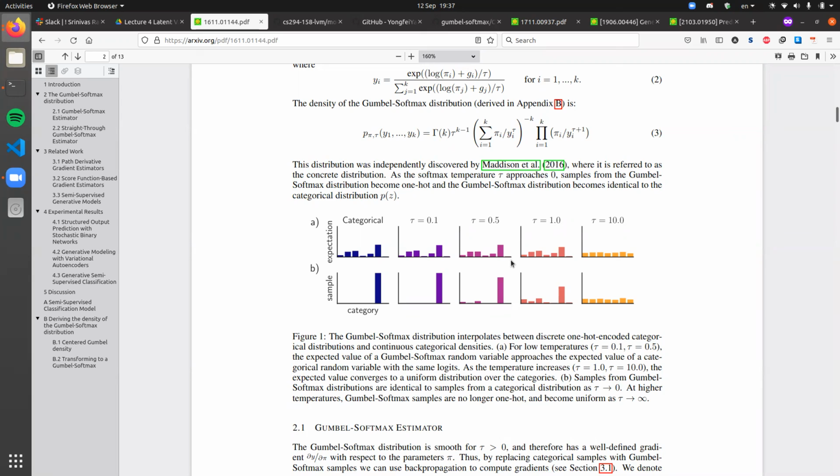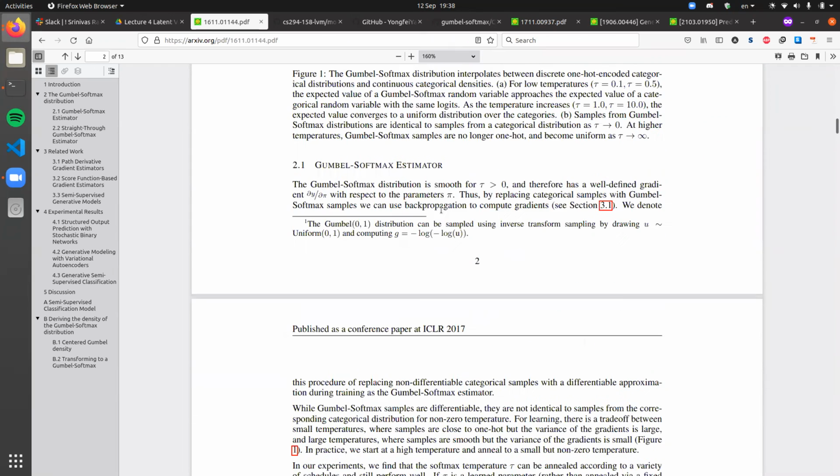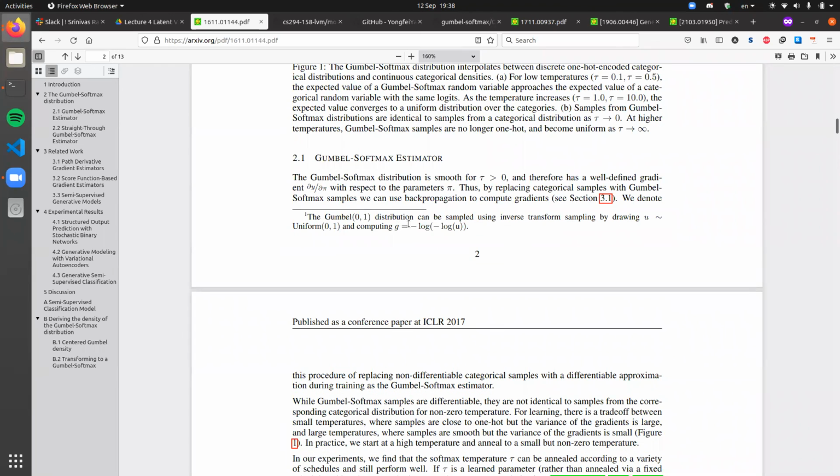And that can be used to backpropagate through sampling from a categorical distribution, and therefore we can learn the parameterization pi for a categorical distribution, which we then can use in a variational autoencoder. And this Gumbel noise is just a negative logarithm of the uniform noise. Probably there is some really good explanation of why we have this particular combination, but I don't know it.